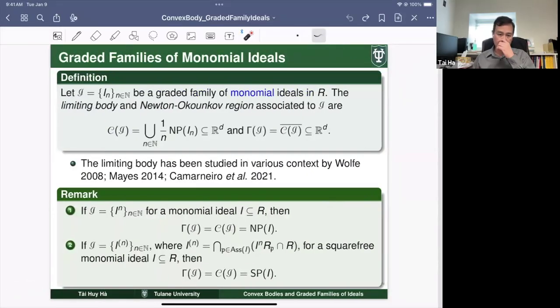For the family of ordinary powers of a monomial ideal, this is nothing but the Newton polyhedron of the ideal itself. If one looks at the family of symbolic powers, where the ideal is a square-free monomial ideal, then the Newton-Okounkov region, or the limiting body, which are the same, is just the so-called symbolic polyhedron of this ideal.